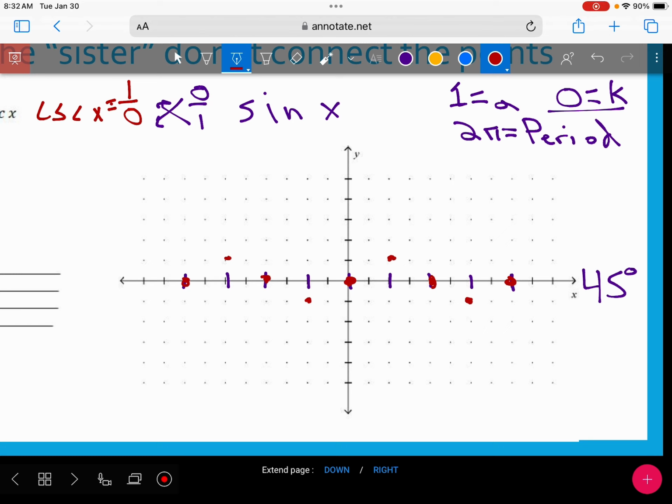So take a second, and I see 5 points where y equals 0. So that shows us where sine of x is going to be equal to 0. So write in your asymptotes at those 5 points.